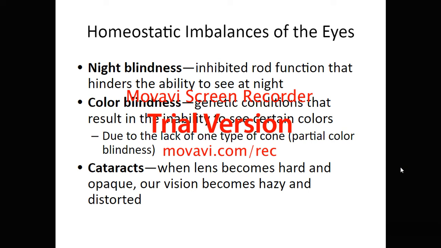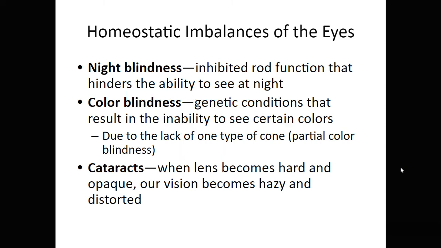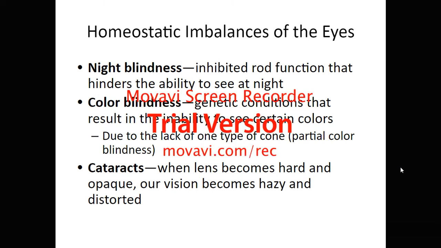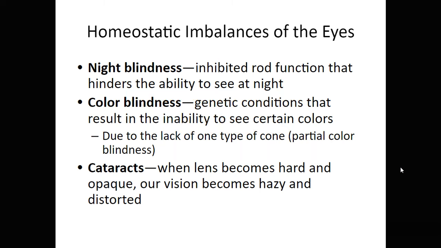But in this case, since males only have one X chromosome, color blindness is usually expressed in males. So when they get that colorblind trait on their X chromosome, it's going to be expressed because they don't have another X chromosome like females to a lot of times counteract that recessive colorblind trait.